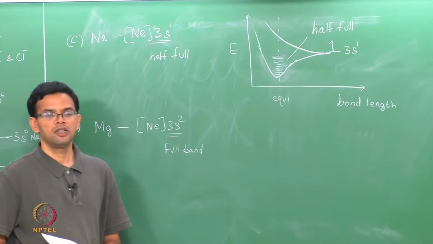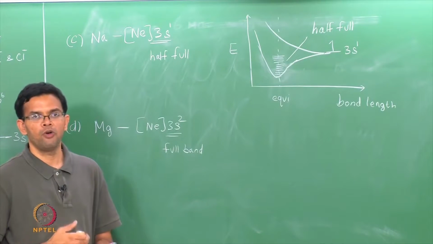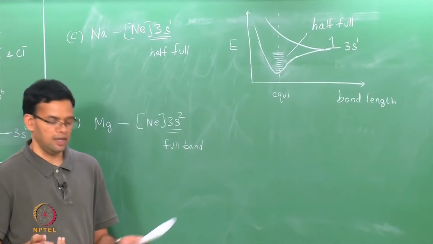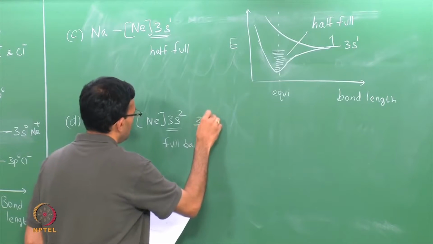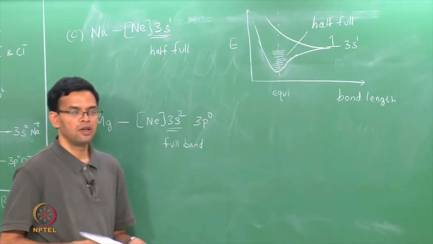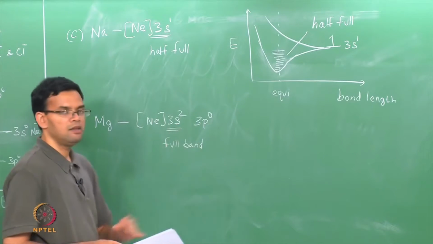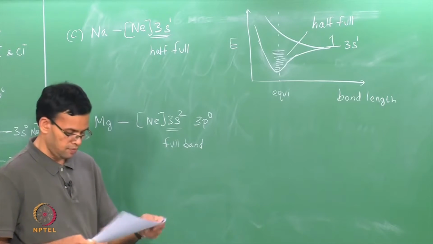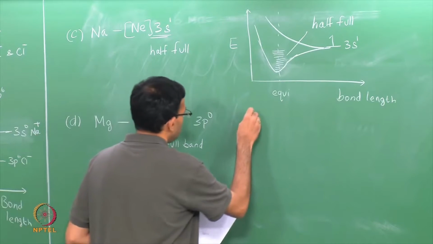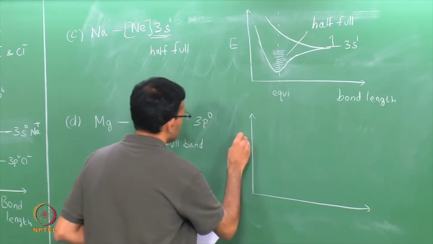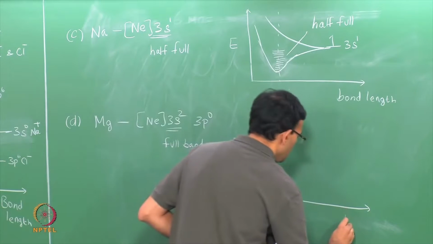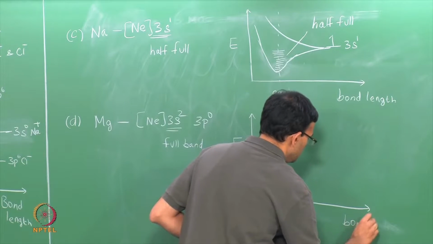To make sure that it is a metal, to show the overlap between the valence and the conduction band, we consider the next level 3p0, and we say that there is a mixing between the s and the p. So, this again we can show in energy versus bond length.